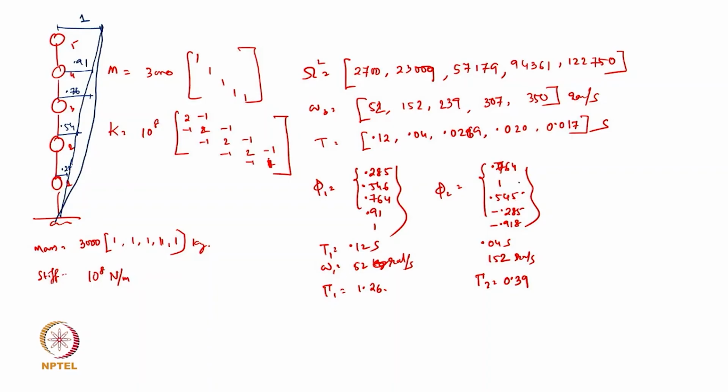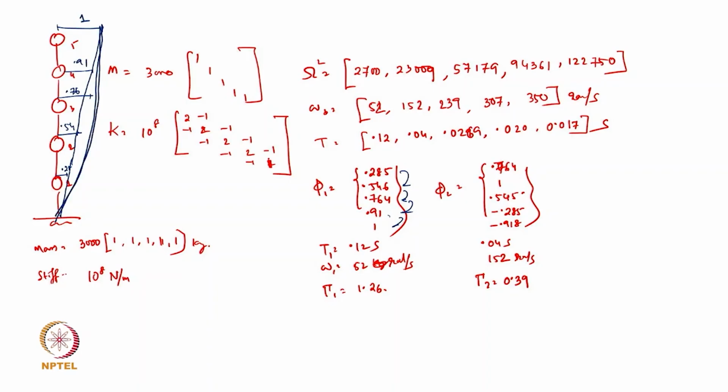Then 0.54 to 0.76, and then 0.76 to 0.91, that is a 0.15 range, and that is in the 0.1 range. So the top portion is slow there. So this type of graph you can expect. This is my mode shape of my first mode.